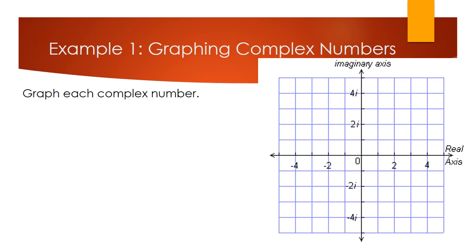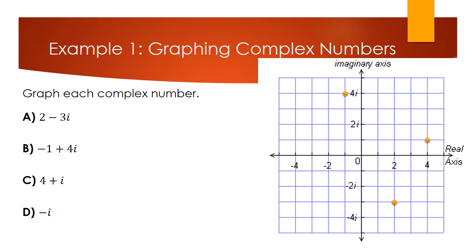Alright, so now we're going to graph each of the complex numbers. So 2 minus 3i, you move right 2, down 3, plot your point. Negative 1 plus 4i, you move left 1, up 4. 4 plus i, you move right 4, up 1.